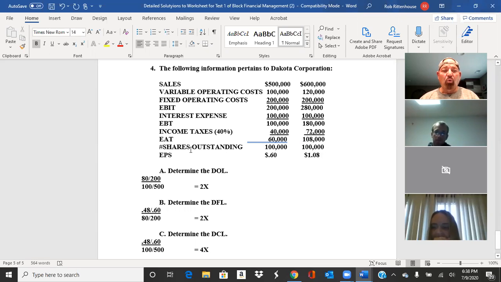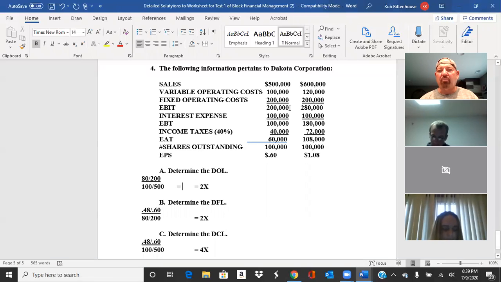Okay, well then to determine the degrees of leverage, first of all, the degree of operating leverage. Remember the formula for that says take the percentage change in EBIT divided by the percentage change in sales. So to get the percentage change in EBIT, take the change in EBIT.